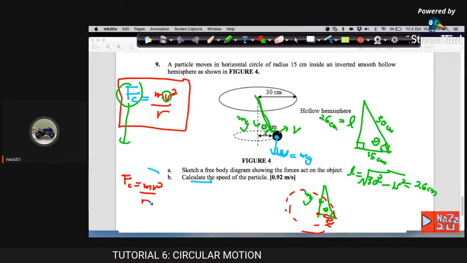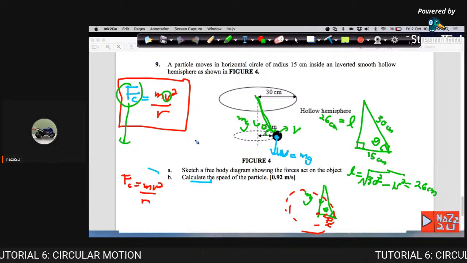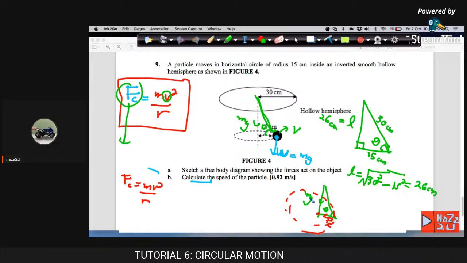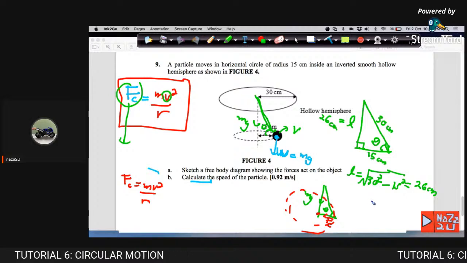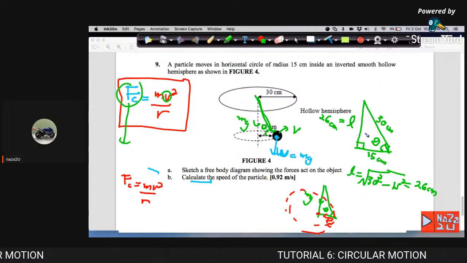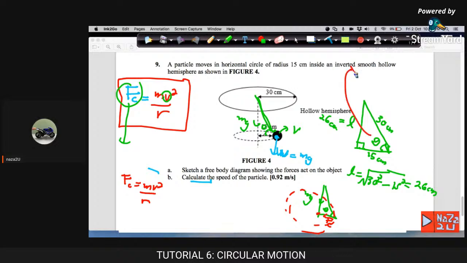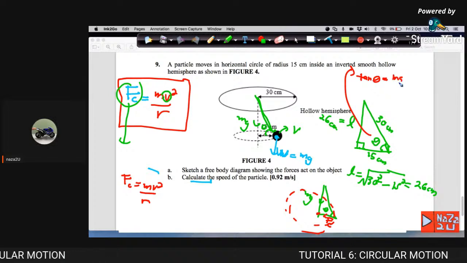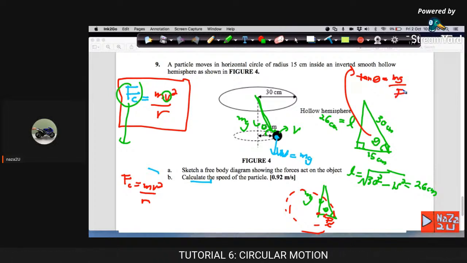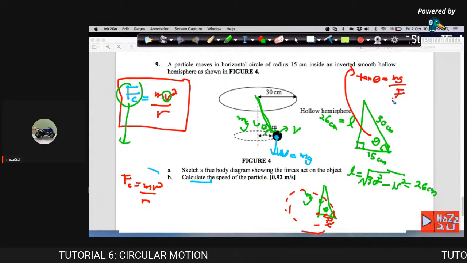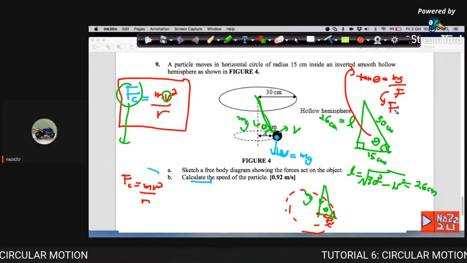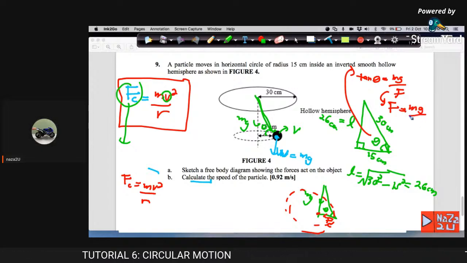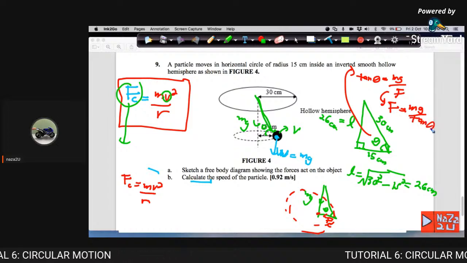Okay, kalau kita tengok kat sini, centripetal force ini, kalau kita ada mg kat sini, maksudnya kalau kita ambil tangent theta, tangent theta is equal to mg divided by force F. Jadi force is equal to mg tangent theta.